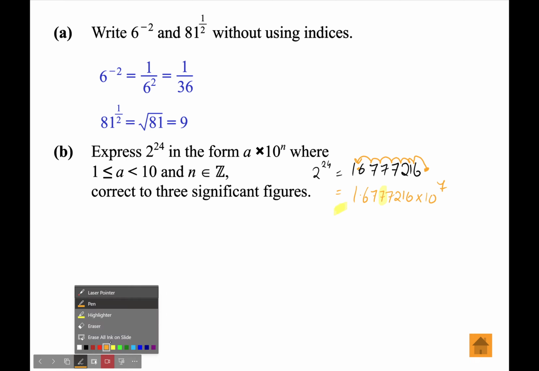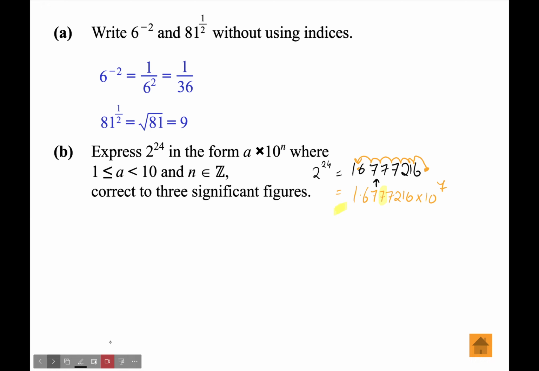Because my fourth significant figure is a 7, that's what I would call the decider. That means I'm going to round up the third significant figure, so I'm going to round that other 7 up to an 8, and my answer then is going to be 1.68 by 10 to the power of 7. So that would be 16,800,000 if we wrote it out fully.